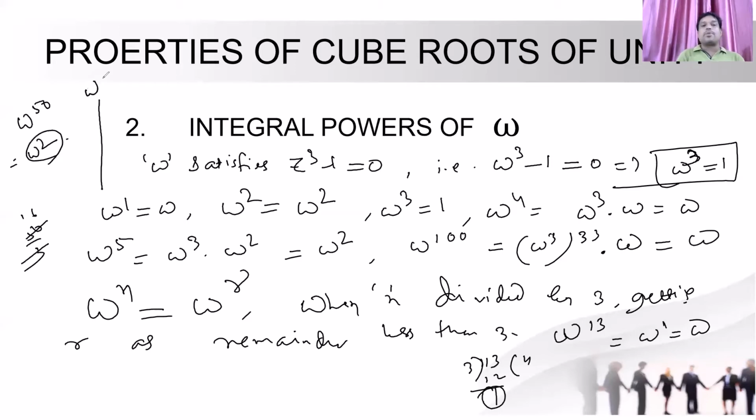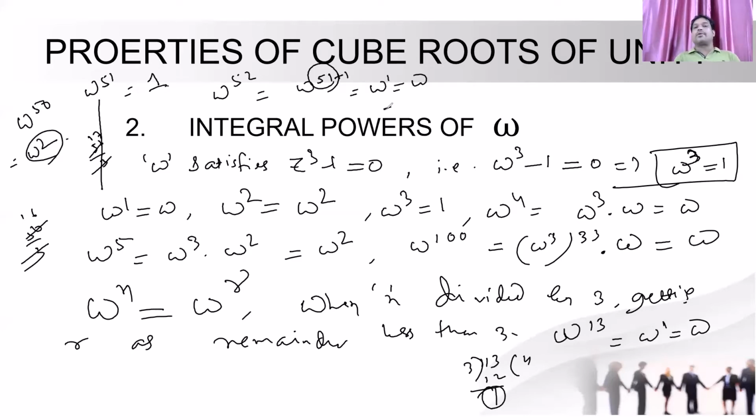If omega to the 51, then 51 divided by 3 is 17, well divided and the remainder is 0. So here the answer is 1. And omega to the 52: omega to the power 51 plus 1, 51 is well divided, and omega to the 1, that is omega.